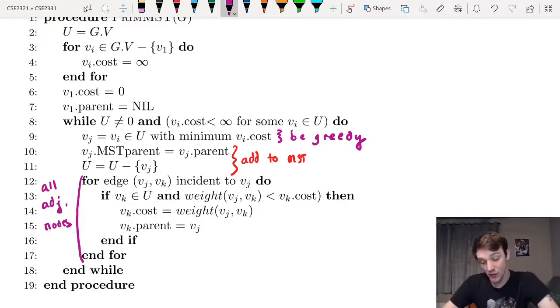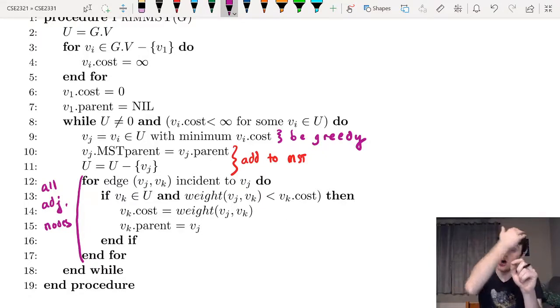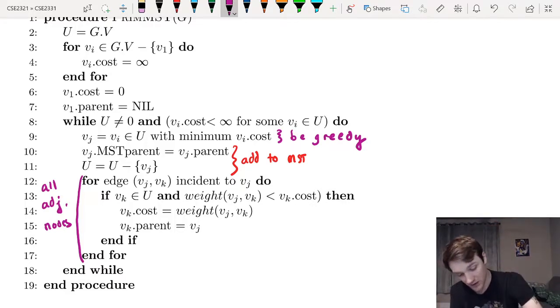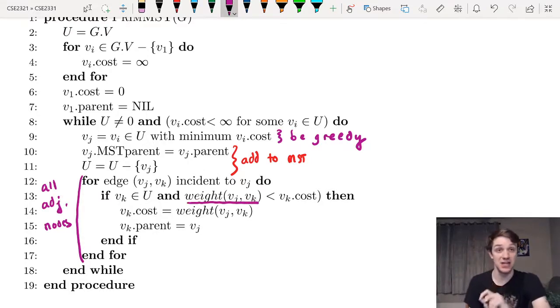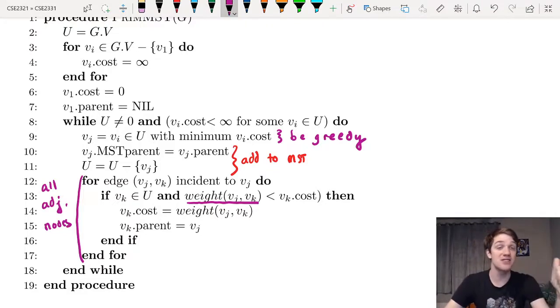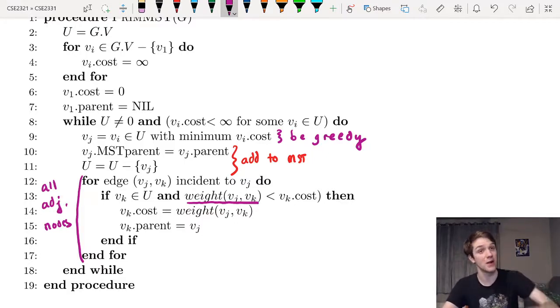So for all adjacent nodes, if the cost from the new vertex we just added, the weight of that edge, v sub j to v sub k, is less than the cost, if it's cheaper to use this new edge we just discovered, then we're going to use that edge. So if the adjacent thing is in U, if it's a white node, and it's cheaper to use this new method, then we update the cost and the parent. That's where we crossed things out in blue and updated the green arrows.